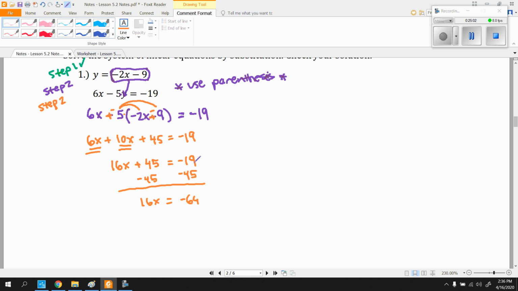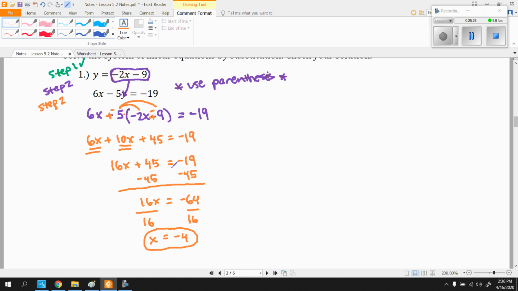So I just did negative 19 minus 45 is negative 64. And whew, finally, dividing both sides by 16, we get x equals negative 4. That's a lot of work, and unfortunately, that's what we have there.